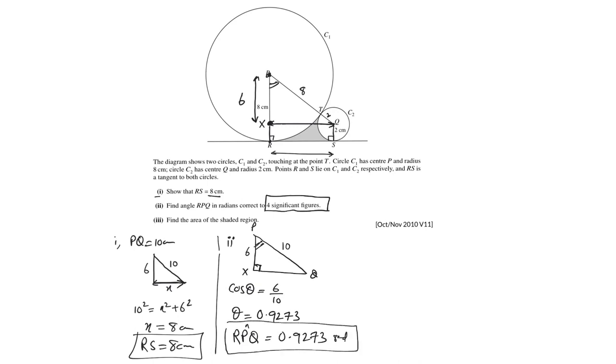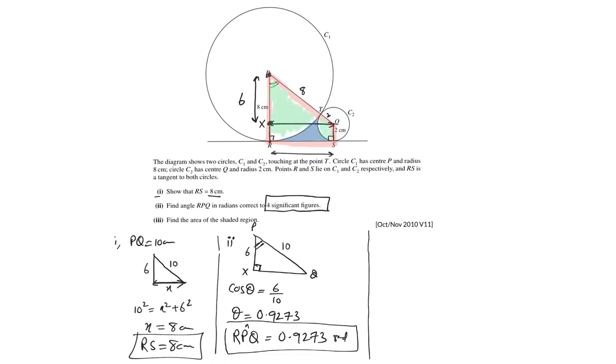Okay. The next part is to find the area of the shaded region. In order to answer this, you need to understand the diagram again. Your shaded region is this region, right? What you can do is find the area of this trapezium first, and then subtract the area of these sectors from it.